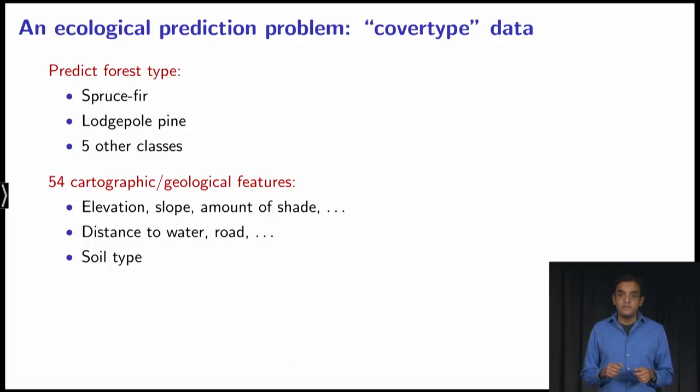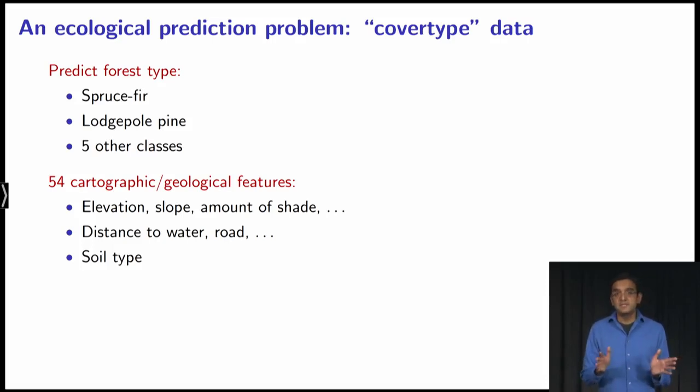Each data point is collected from a little patch of land, a 30 meter by 30 meter patch, and 54 features are measured from that patch. These are things like the elevation, the slope, the amount of shade, the distance to the road, the soil type, 54 features of this kind. Based on these features, the goal is to predict the forest type in this patch of land.